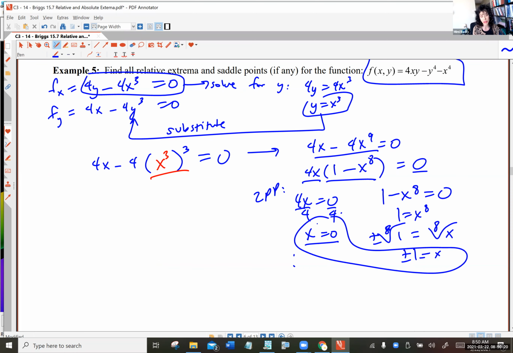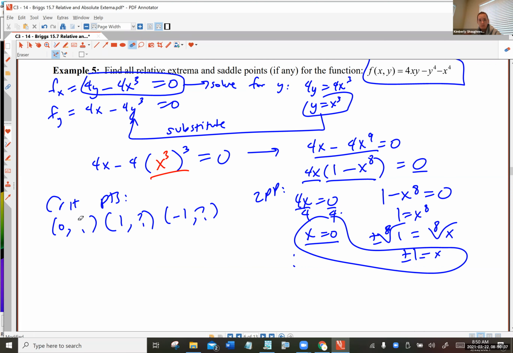And it turns out there's going to be 3 critical points. So what are the critical points? We know what the x coordinates are for 3 of them here, but we don't know what the y coordinates are. So how do we get it? Substitute into the other equation?